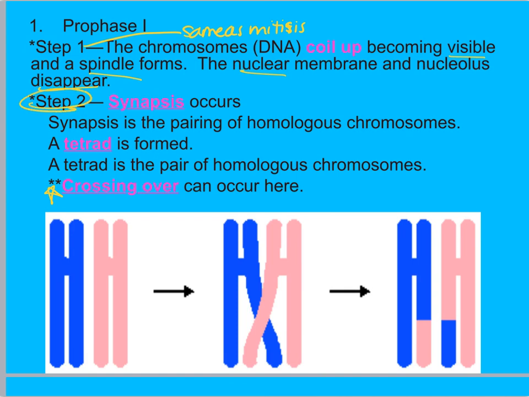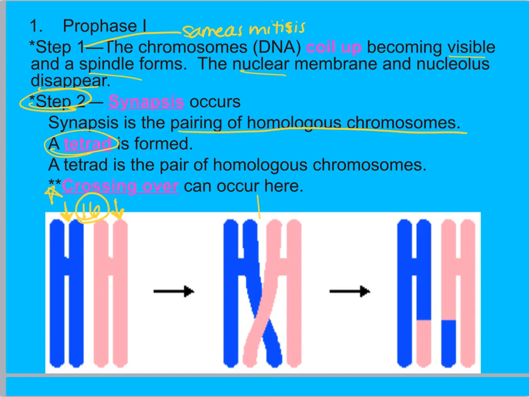Synapsis is the pairing of your homologous chromosomes. Remember, if this is chromosome pair number 16, you got one from your dad, one from your mom, well, they're going to synapse. They're going to match up and pair up. When they're paired up, they're called a tetrad.